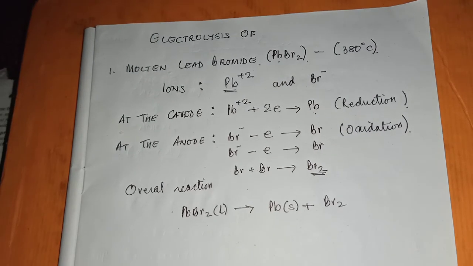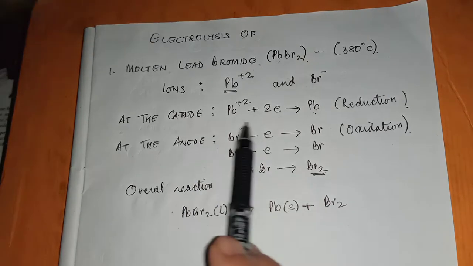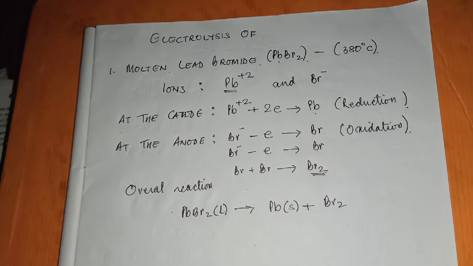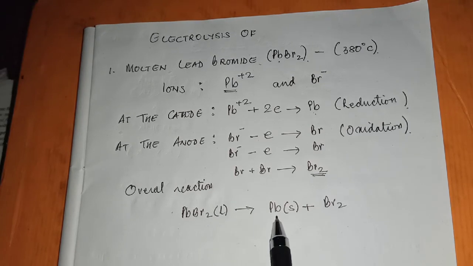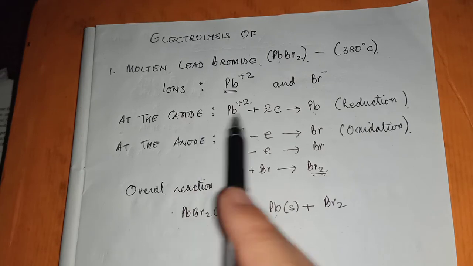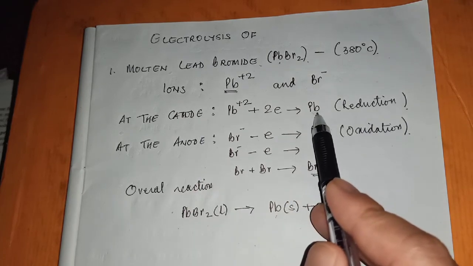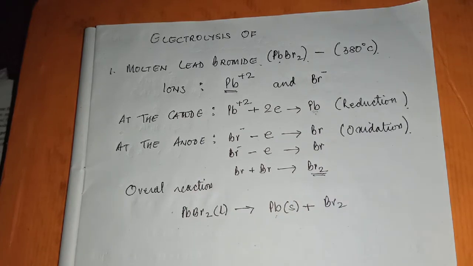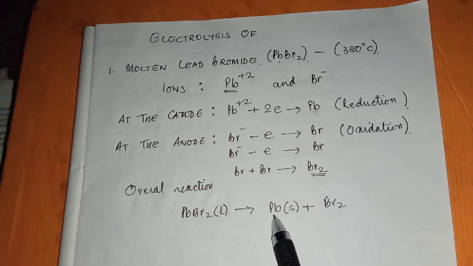Now what will we observe at the cathode? At the cathode, what is formed? Lead solid is formed. The color of lead is silver gray. So what we will observe at the cathode is silver gray metal lead getting deposited, which proves that metal lead is being formed over there.